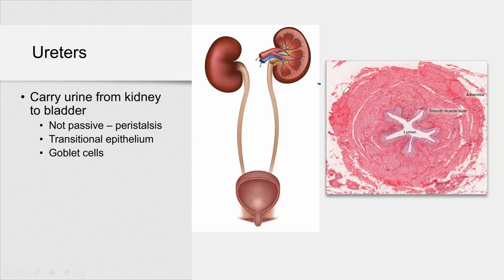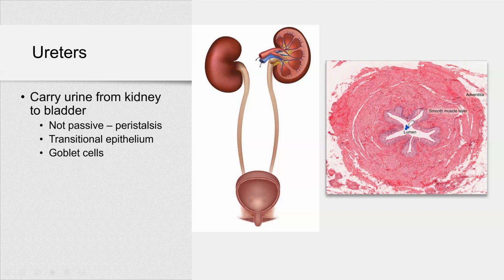So here's the histology. This is a cross section of a ureter. So you can see it's covered by connective tissue called adventitia, right? So here's the name, adventitia. Then we have a smooth muscle layer, and then we have an epithelial layer. So over here, kind of like a little bit different colors, that's the epithelium and lumen.